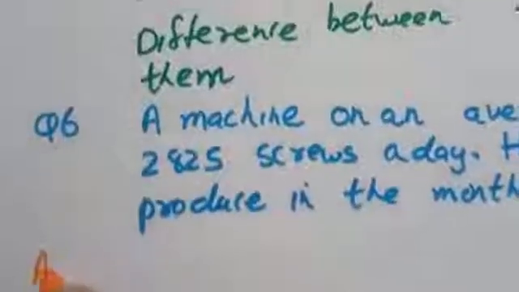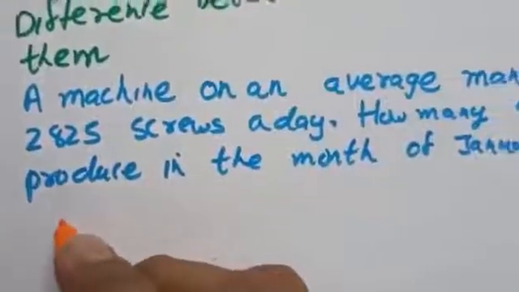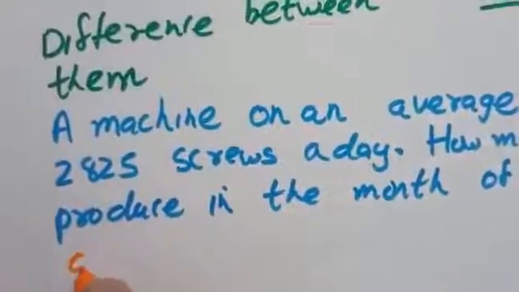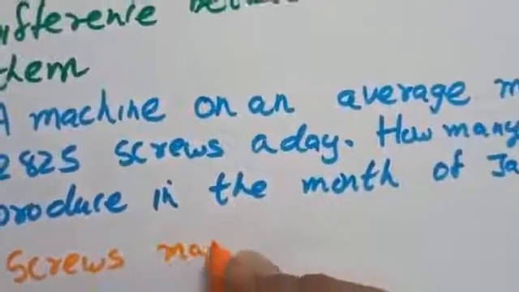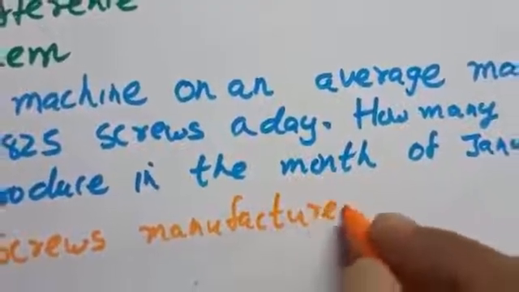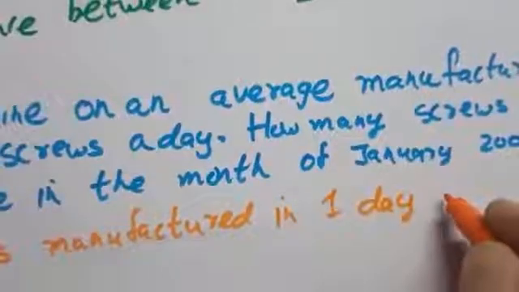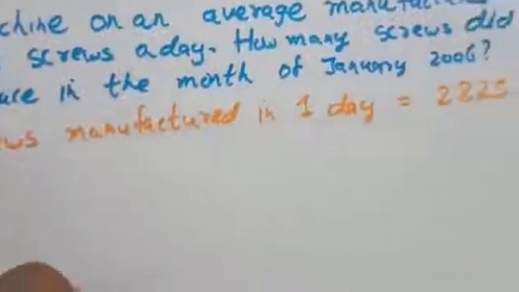So answer number 6. You can write, a machine on an average manufactures 2825 screws in a day. So screws manufactured in one day will be 2825.